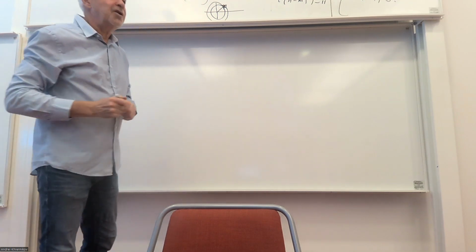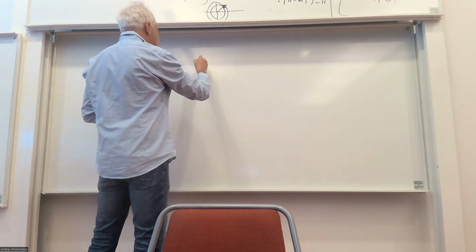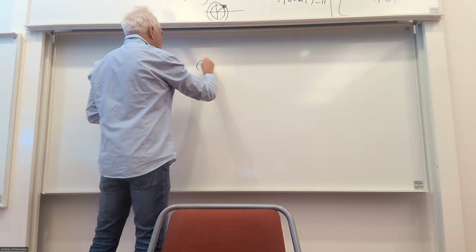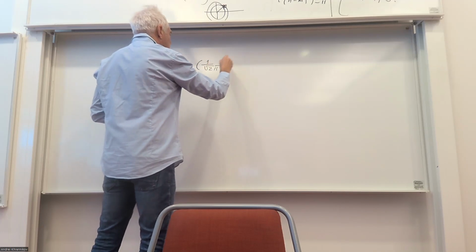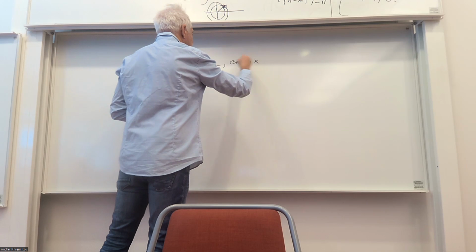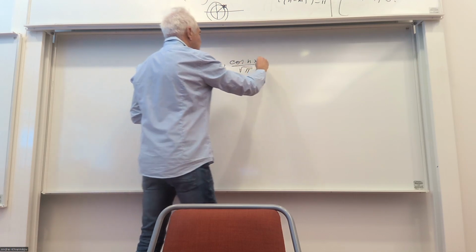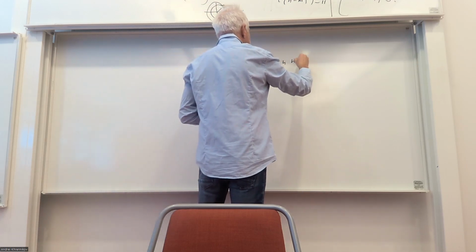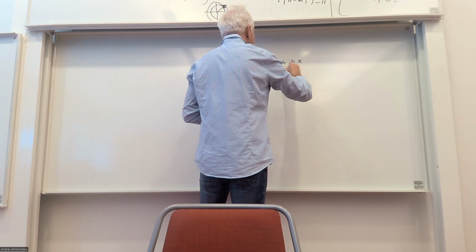What we did in the real case? In the real case, we have these functions: 1 over square root of 2 pi, cosine nx over square root pi, and sine nx over square root pi.